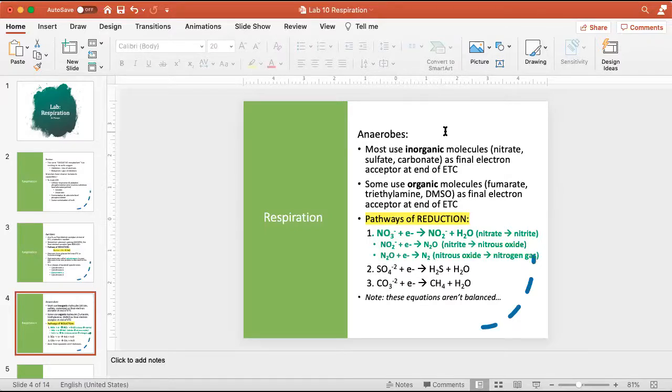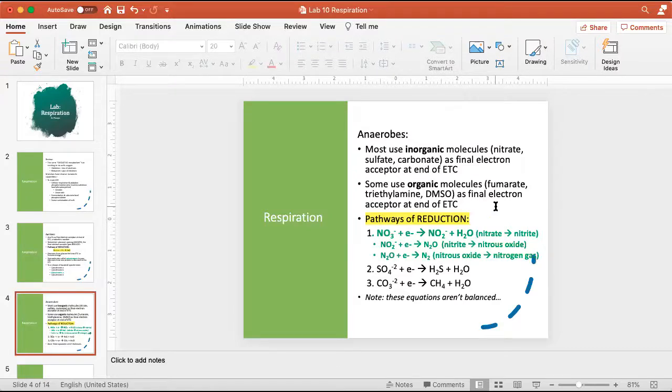Those are some very common inorganic molecules at the bottom of the electron transport chain. Remember, that word inorganic just means they don't contain carbon. Then there are some other molecules that get used that are organic, molecules like fumarate and triethylamine. I haven't mentioned those. Those aren't as common.